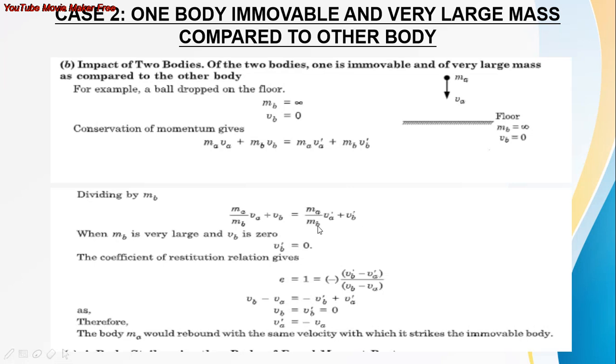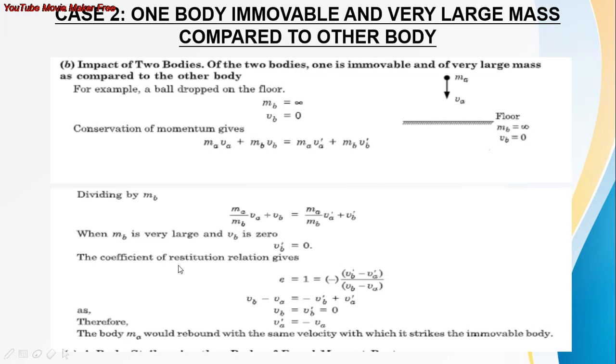Since MB is infinity, when we put this as well as VB equal to 0, we get VB dash equal to 0. That is, the initial velocity of this floor is 0, and even after impact the final velocity would also be 0, that is VB dash equal to 0.